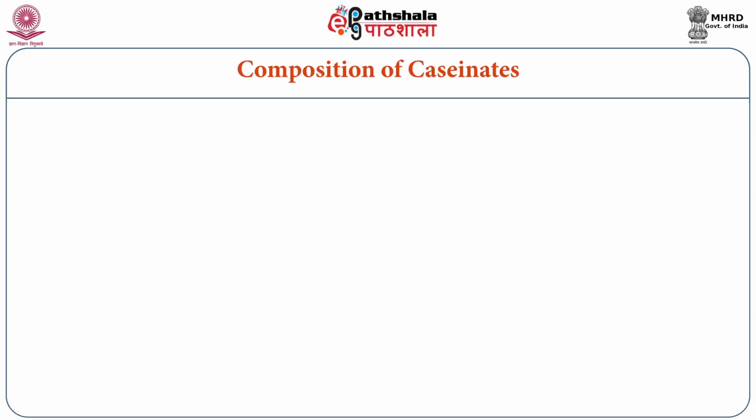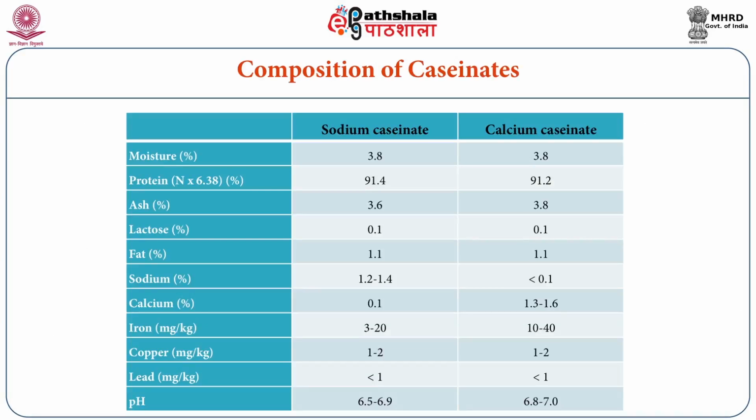Now let us see the composition of caseinates, especially sodium caseinate and calcium caseinate. The quality standards for sodium caseinates may vary from country to country. In this slide, the typical composition of sodium caseinate and calcium caseinate is shown, which were prepared from well washed acid casein.